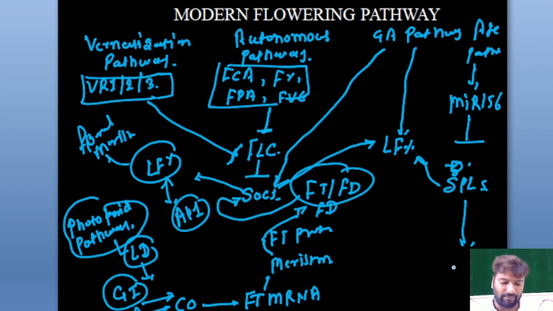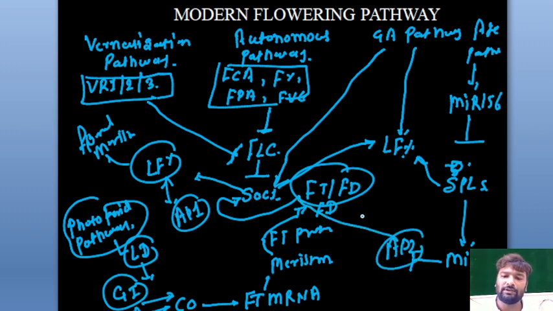And also microRNA 172 inhibits the APETALA 2 and also inhibits the SOC1 and also inhibits the FT. So this is the combined pathway.